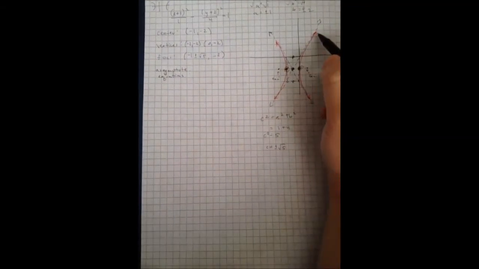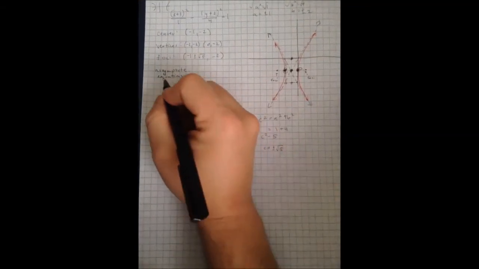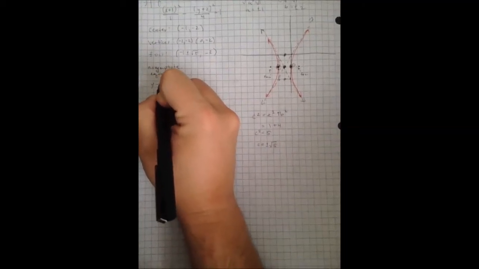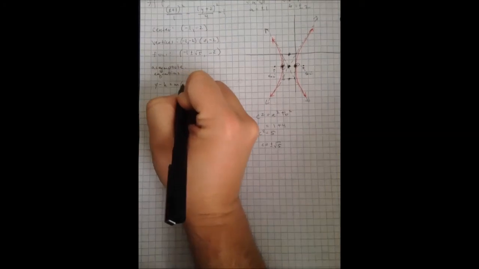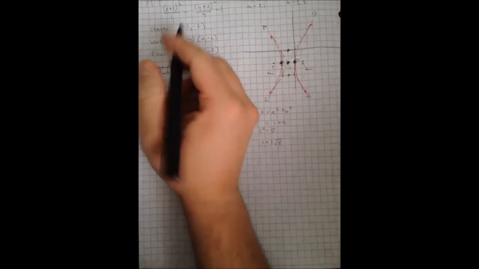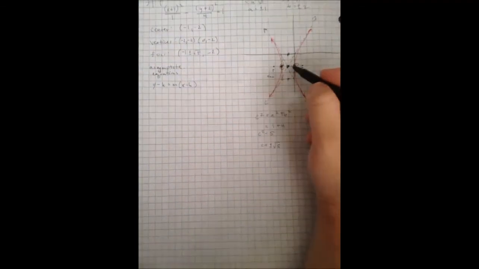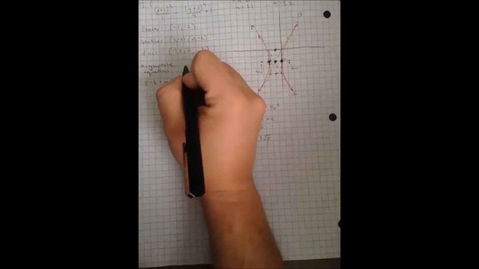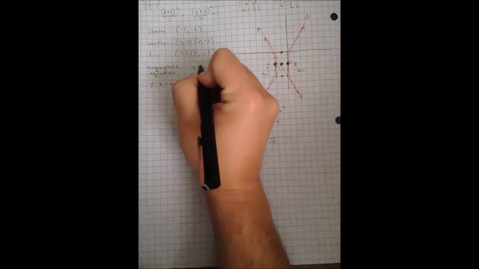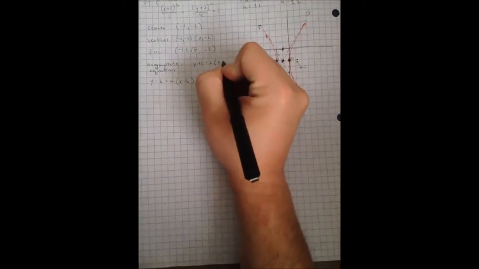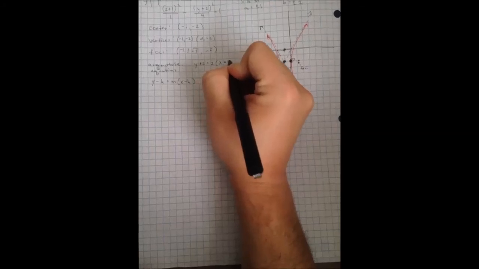Now my asymptote equations. For the asymptote equations, I use point slope form: y minus k equals m times x minus h. But instead of y1 and x1, I use h and k because they go through the center right here. So my asymptote equations are going to be y plus 2 equals, my slope is up 2 over 1 for one of them, so that would be 2 times x plus 2.